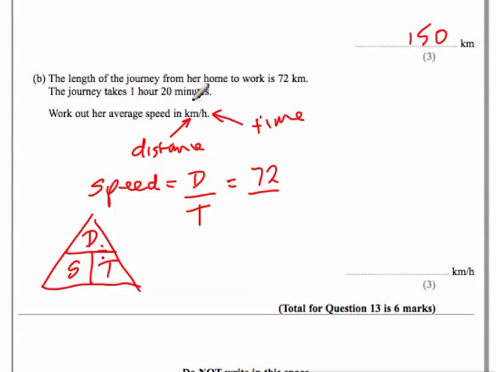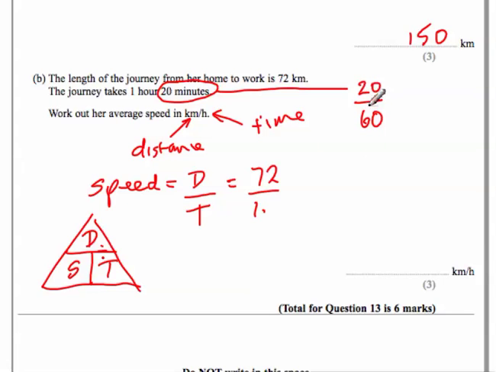So we have to convert this to a decimal number. Now it's obviously going to be 1 point something, and the something is this 20 minutes. Now we have to think of this as a fraction of an hour. What is 20 minutes as a fraction of an hour? Well, it's 20 over 60, because there's 60 minutes in an hour.